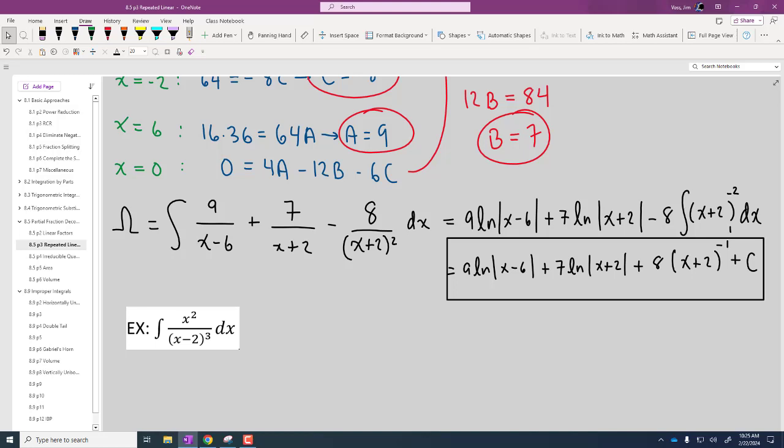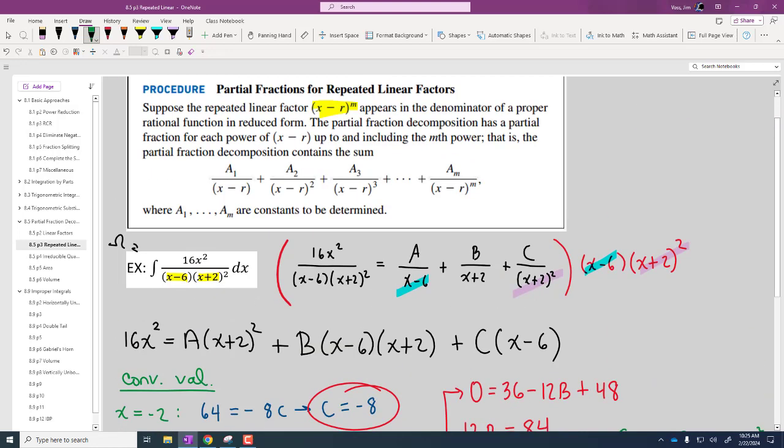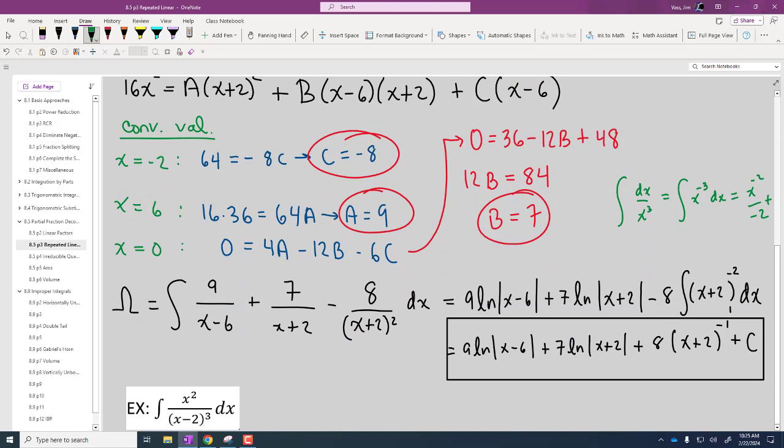So if we think about integrating something a little more simple, like dx divided by x cubed, our strategy would be to pull that into the numerator, which would change the sign. And then we could go with our power rule, and this would be x to the -2 divided by -2 plus c. Perfect. Thank you. Does that make sense? Yes.